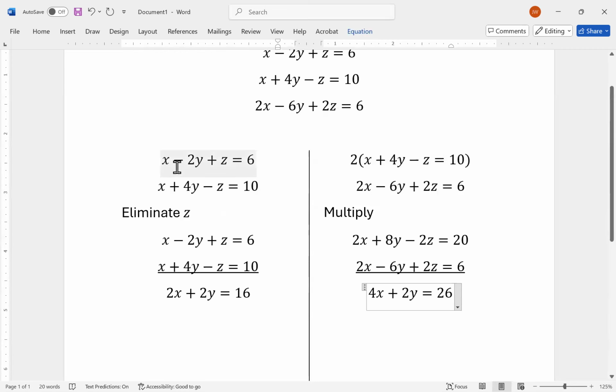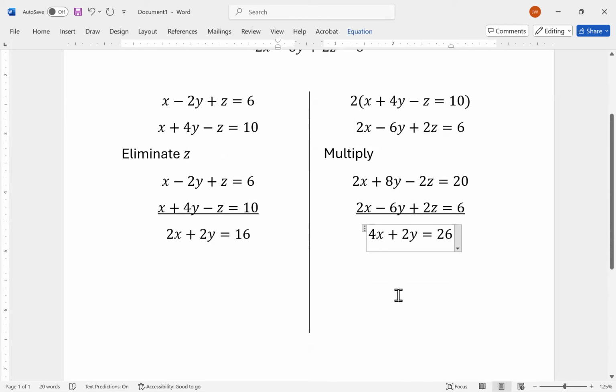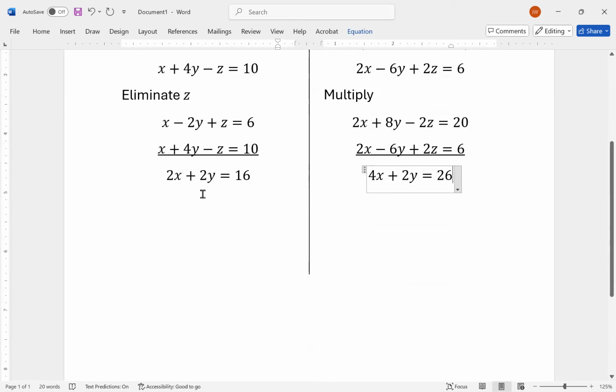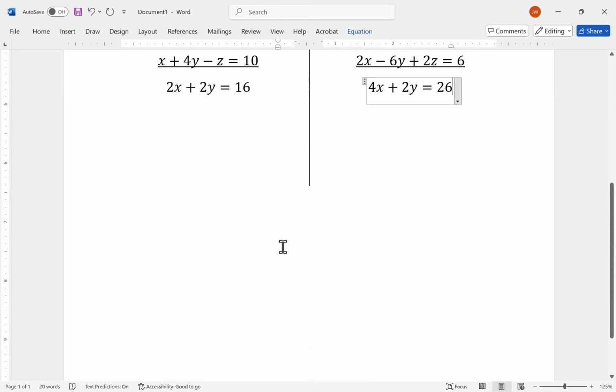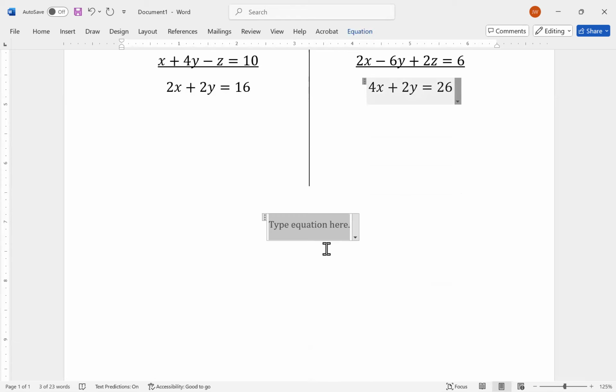So I started with these two, and these two as separate pairs of equations. I eliminated z on one of them and then eliminated z on the other one. And now I have two equations just involving x and y. So now I can bring those back together.